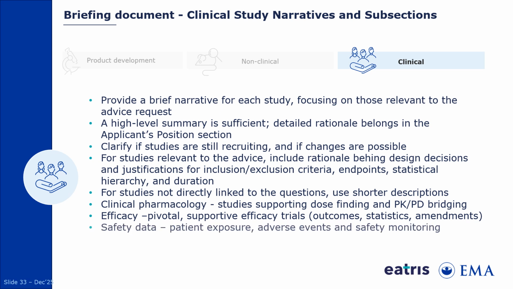For safety, discuss the safety dataset, including total patient exposure, nature and frequency of adverse events, serious adverse events of special interest, and any dose-limiting toxicities. Describe safety monitoring protocols and any risk mitigation measures. Proactively addressing these points will support a more informed and valuable scientific advice discussion.